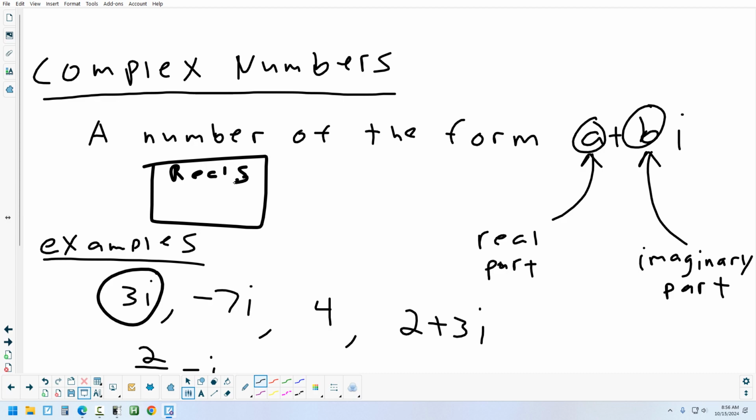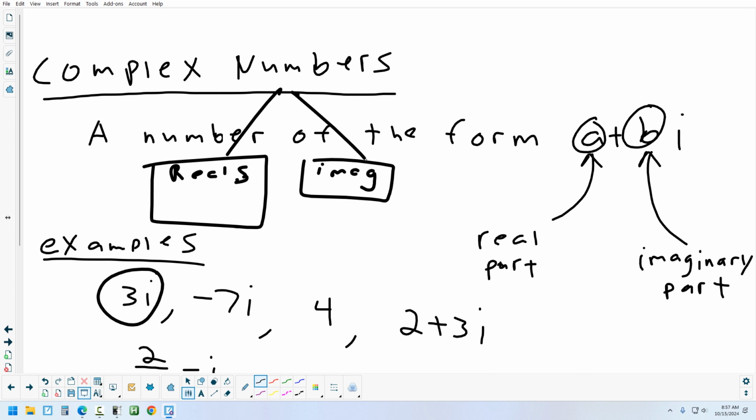Well, off to the side now, in another box, you have imaginaries. And together, when you take reals and imaginaries and put them together, look at all those different numbers, that's the complex number system.